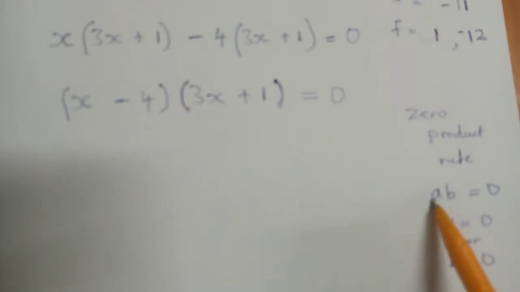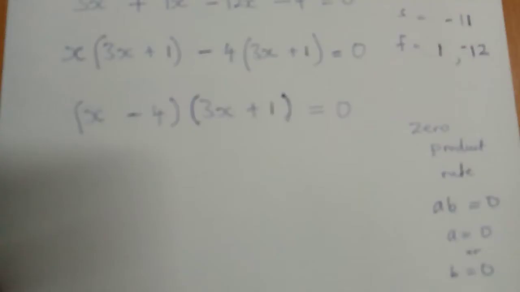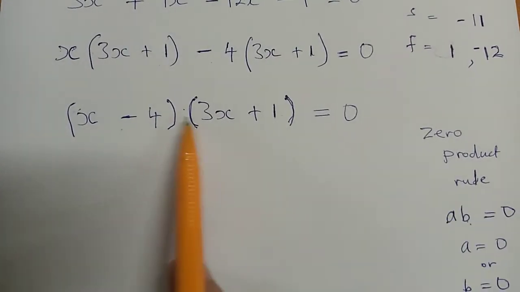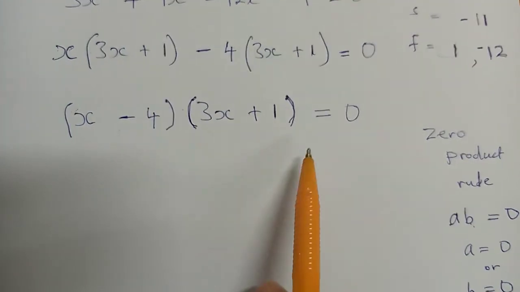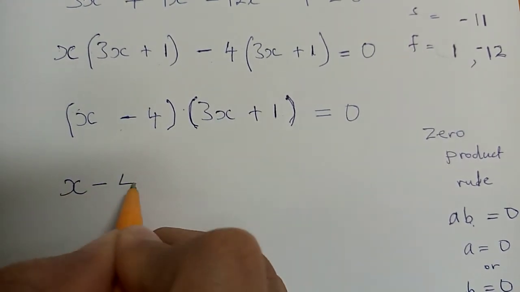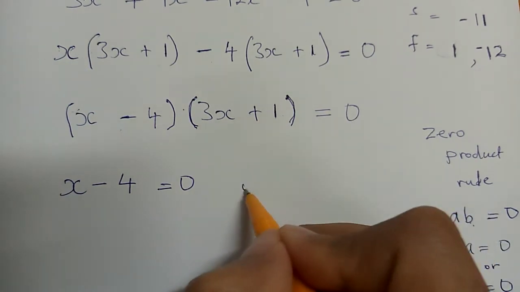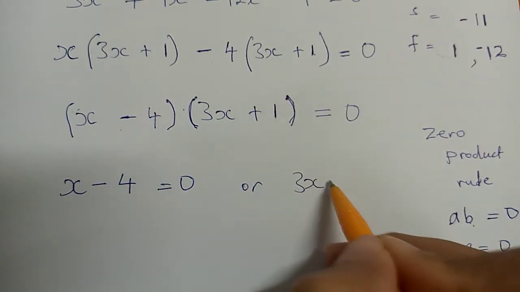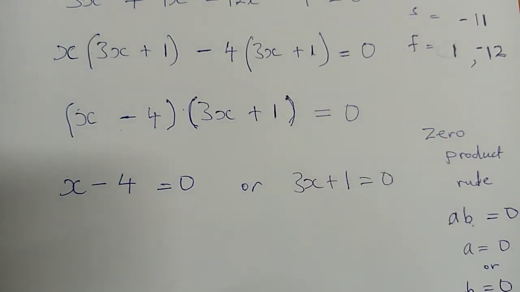Why? Because whenever you multiply something by 0 is when you get 0. So taking this to be a and this to be b, either this is 0 or this is 0. How do we complete that? We shall say either x minus 4 is equals to 0 or 3x plus 1 is equals to 0.